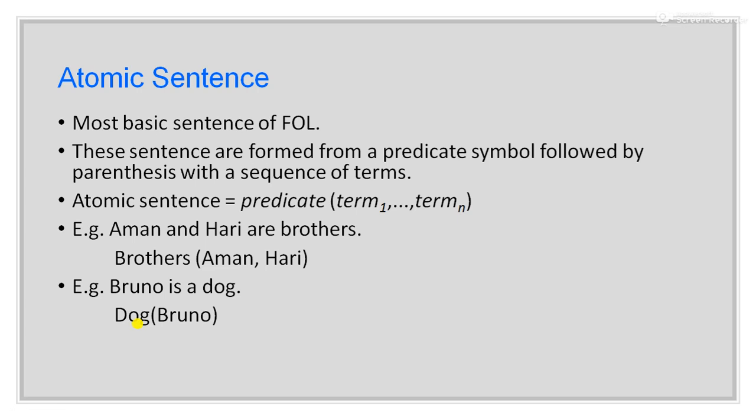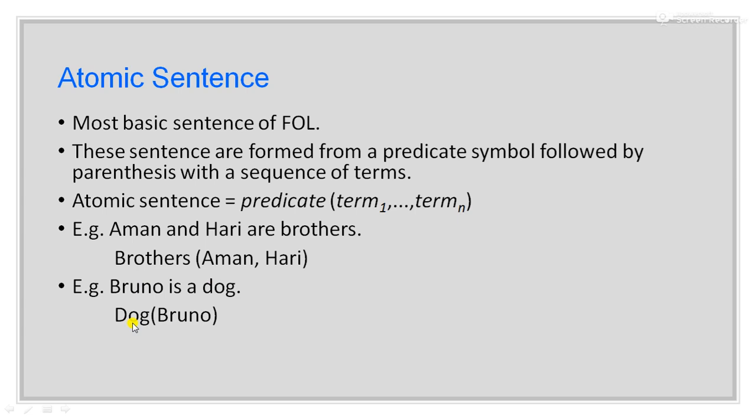So you can think of it as a kind of class-object relationship: the object is written inside the bracket, and outside the bracket is the class. Dog is the class and Bruno is the object of that class.